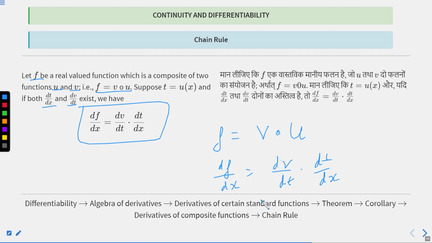Here we used t as our u of x, as we just saw in an example, where we took g of x equal to t. Okay, so this is what your chain rule says. I hope it is clear to you.